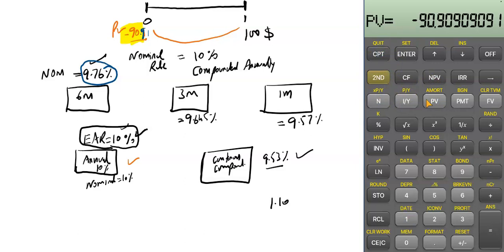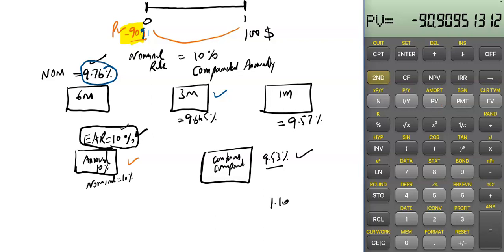So what about quarterly compounding? There are 4 quarters in a year and IY will be 9.645 divided by 4. Compute the PV, 90.91.